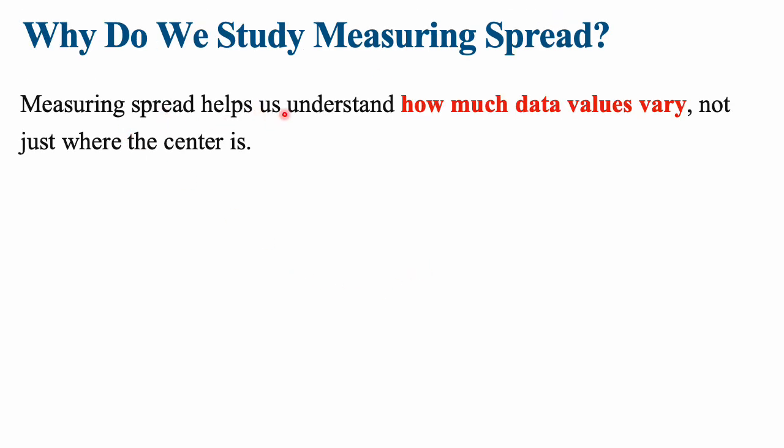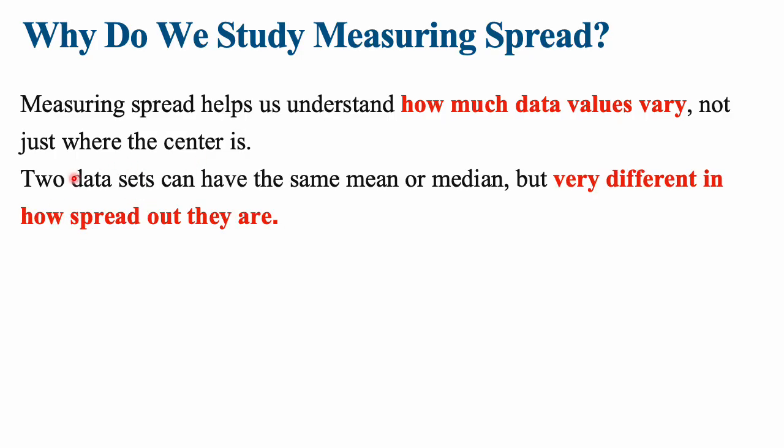Measuring spread helps us understand how much data values vary, not just where the center is. Two data sets can have the same mean or the same median, but be very different in how spread out they are. That's why measuring spread is so important.